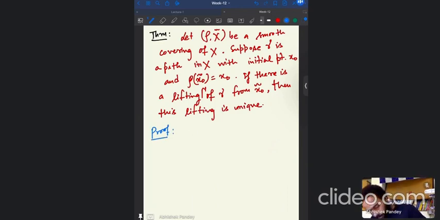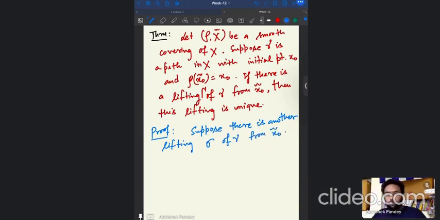So suppose there is another lifting, let us say sigma of gamma from x naught tilde. So basically rho of sigma is gamma, and also rho of this one is gamma.